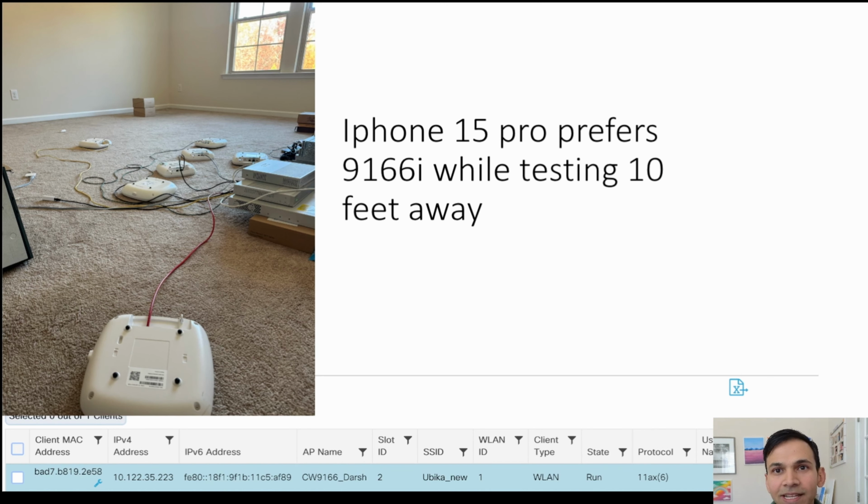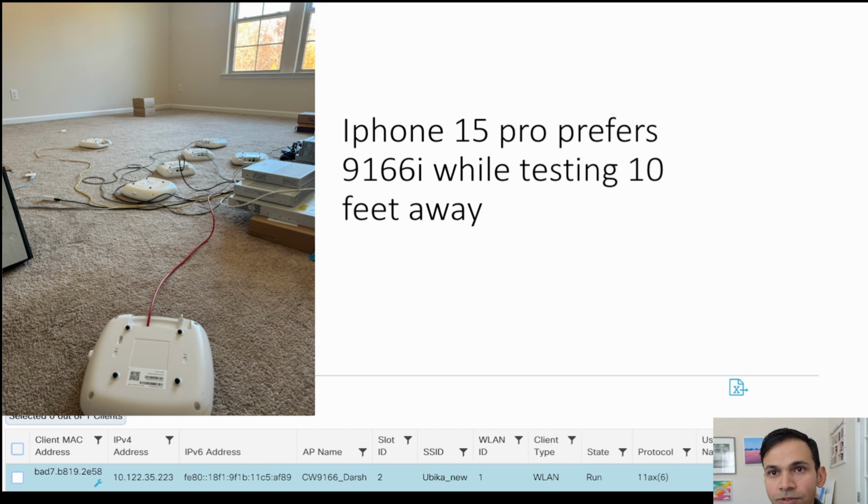Now, a small test that I carried out in my attic. As you can see, those boxes, and the AP that is upside down with the red cable is the 9166D. While I was sitting in the same area 10 or 12 feet away, I was connected to 9166I and connected to 6 gigahertz.